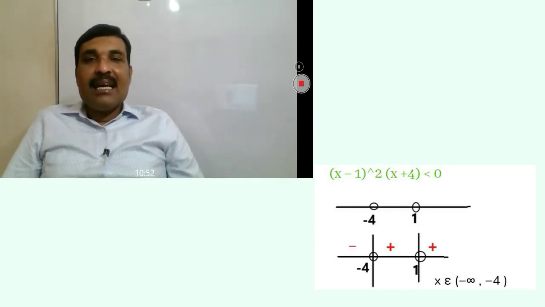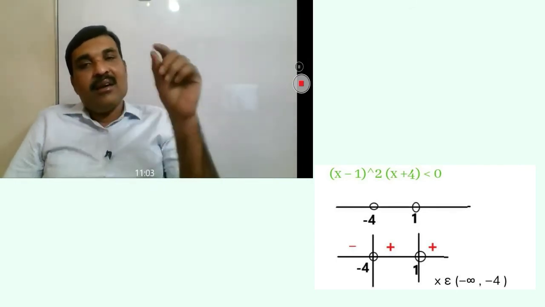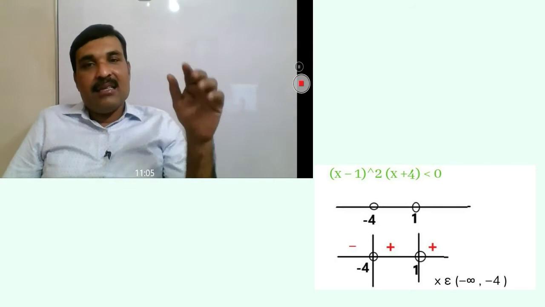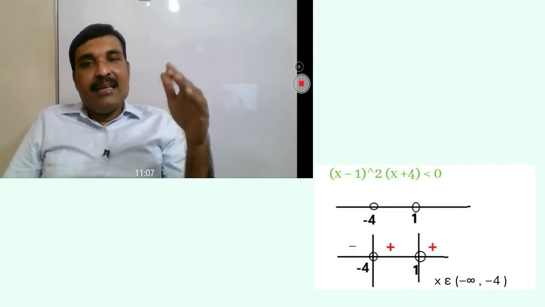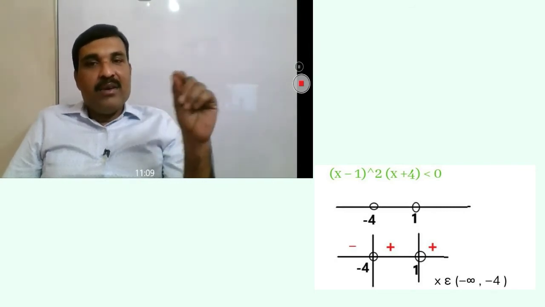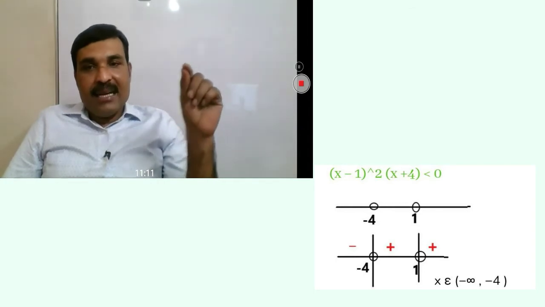Now we have three regions. For a region x greater than 1 and a region for x less than minus 4 and a region in between minus 4 and 1. So we are starting from the rightmost end, that is for the region x greater than 1. Start with a plus sign for x greater than 1.